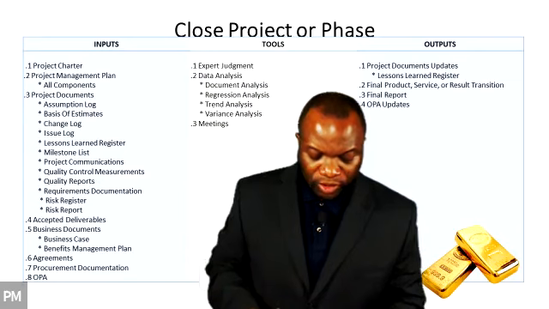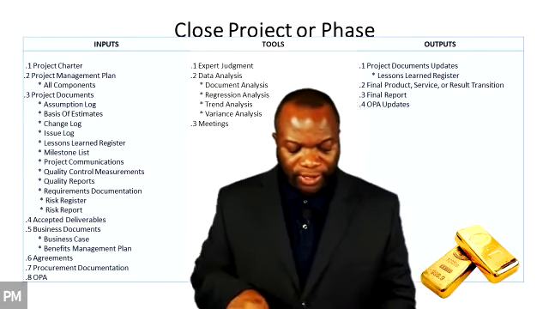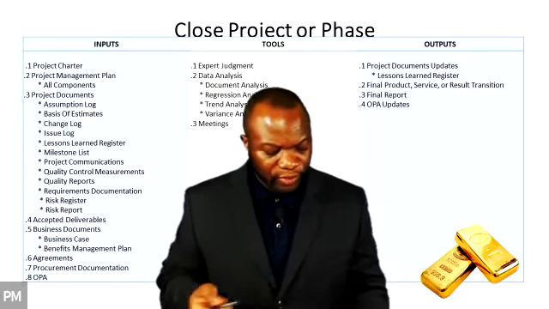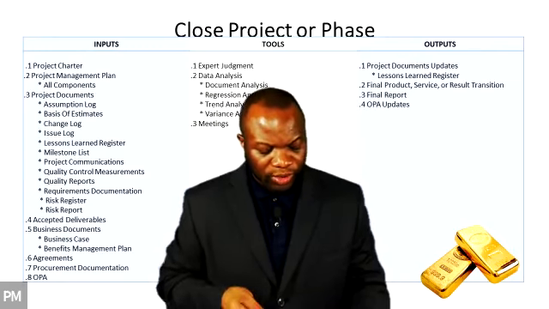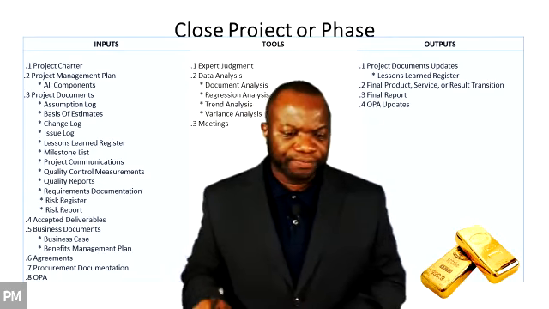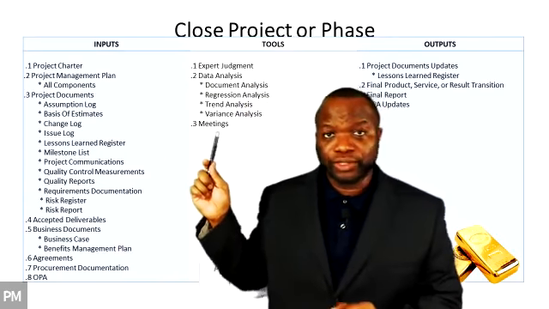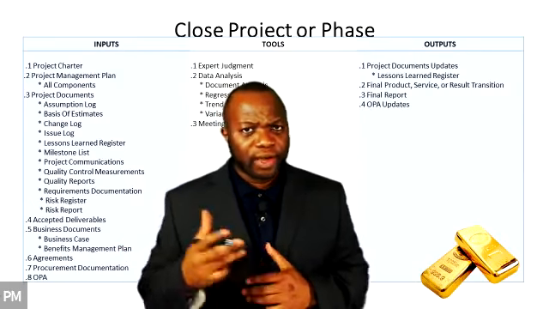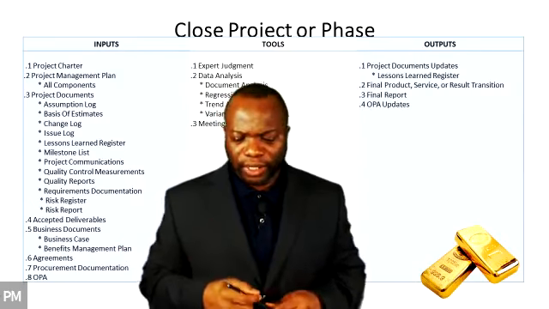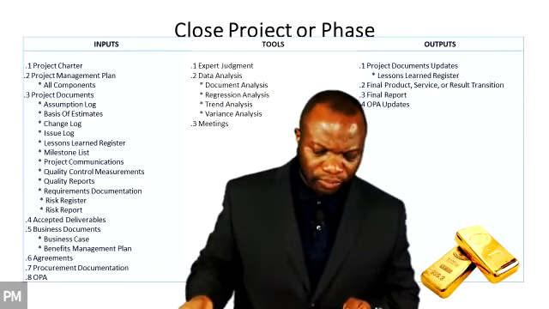And it says here on page 126, variance analysis can be used to improve the metrics of the organization by comparing what was initially planned and the end result. And of course, we got meetings as usual. All right. I hope this stuff is all making sense. Every piece is important. Let's take a look at the outputs here.